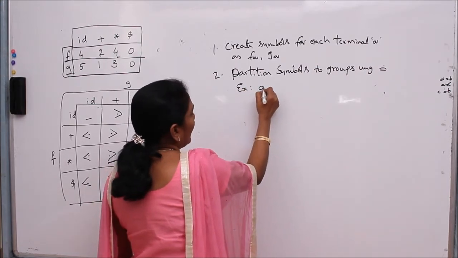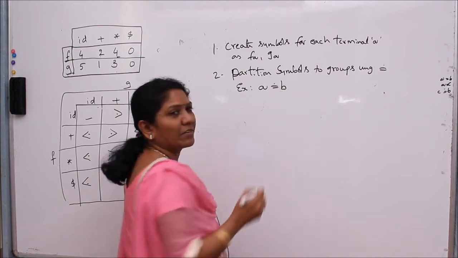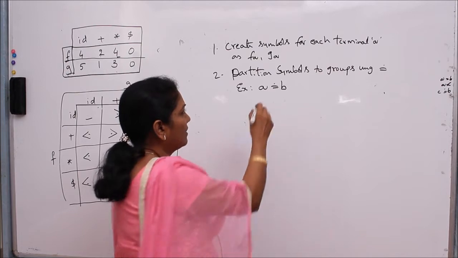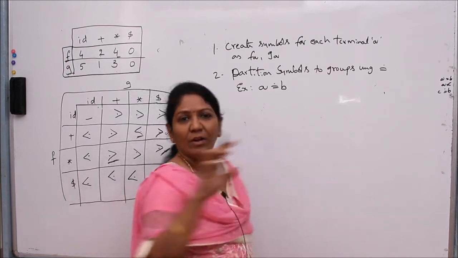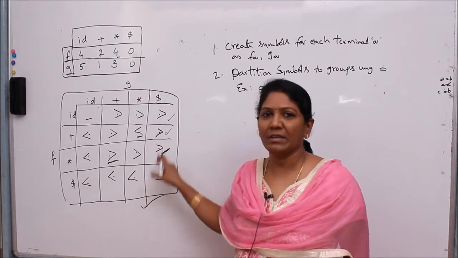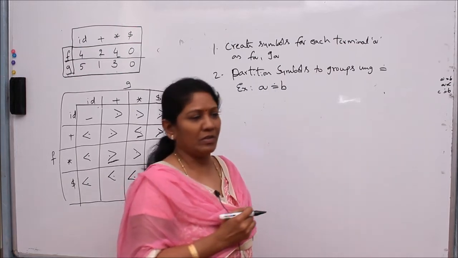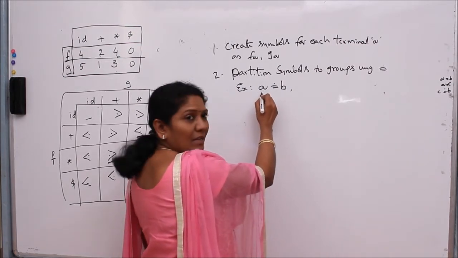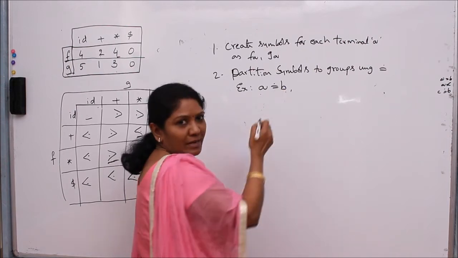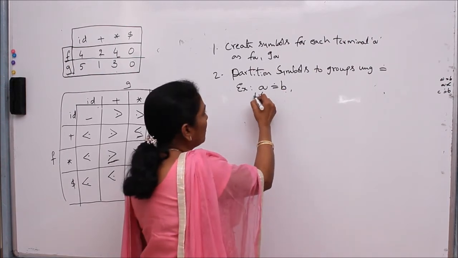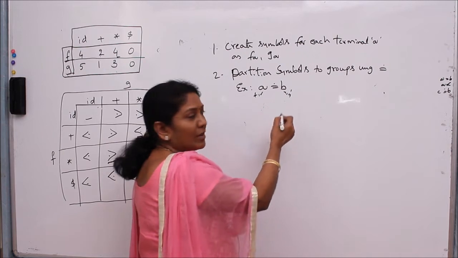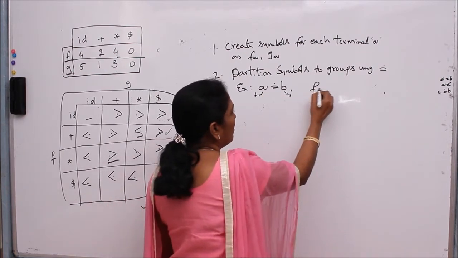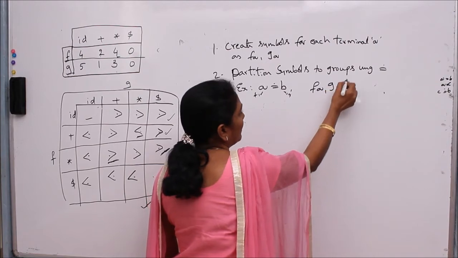Suppose I have an equal to relation defined between the two operators A and B, like this. So how do you get this? From the relation table only. Wherever there is an equal to relation, you have to use that. Remember, always row element means left hand side, column element means right hand side. So here we use f always, here we use g. So when A and B are defined with the equal to relation, then we make fA and gB come under one group.